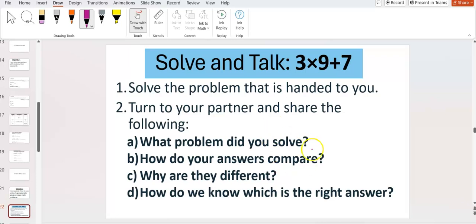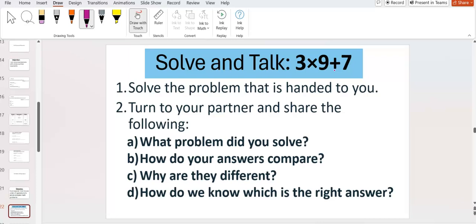All right, so in class, you were to get either a problem that said 3 times 9 plus 7 that said multiply first, or 3 times 9 plus 7 that said add first. And you were supposed to solve the problem the way it told you to solve, and then talk to a partner who did it differently. If you solve these problems different ways, you would get different answers.